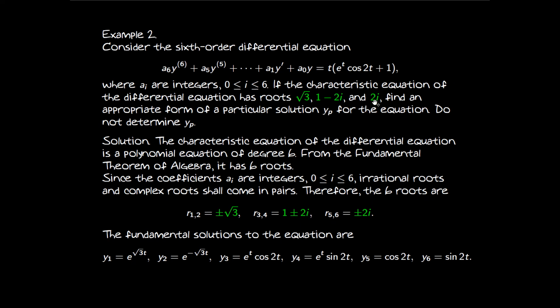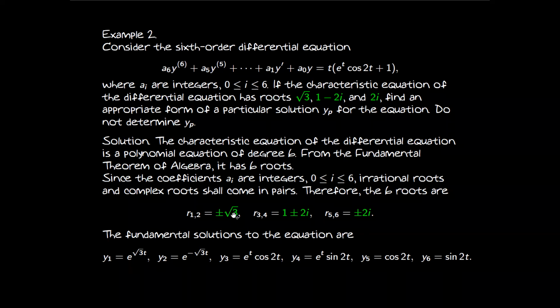And for the 2i, its conjugate, negative 2i, is also going to be a root. So once again, although we have only 3 roots given, from the theory we already know all the 6 roots.